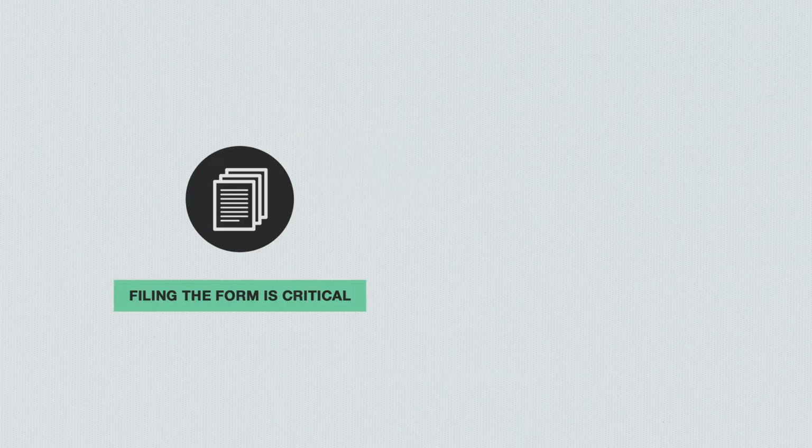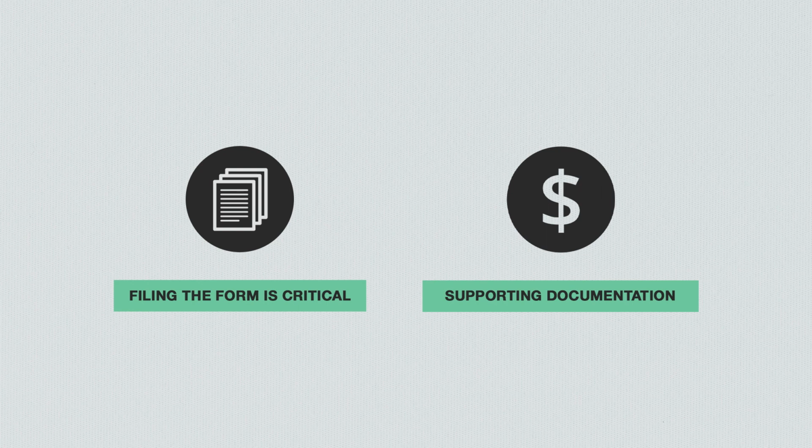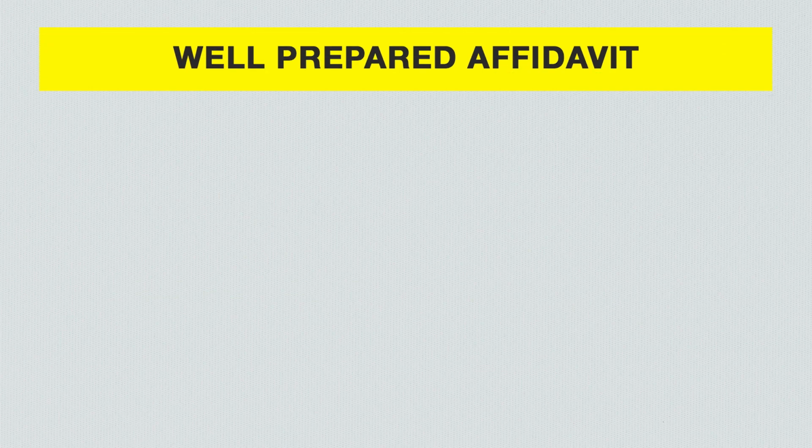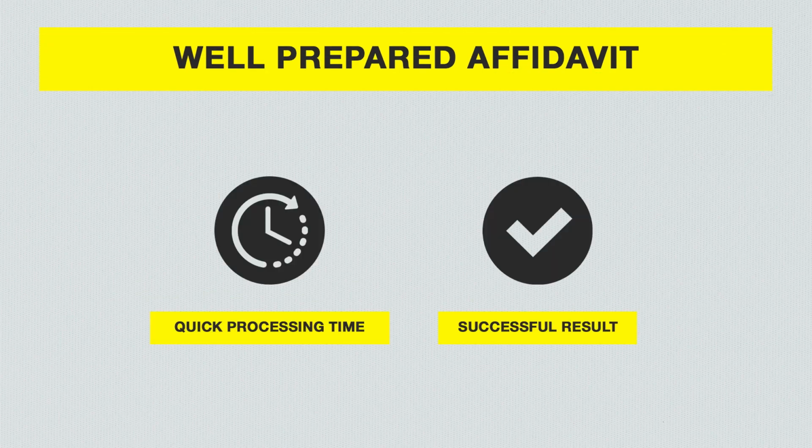Filing the form is critical, but it's equally important to submit supporting documentation which proves the income is from a qualified sponsor. In other words, the sponsor must submit evidence that proves the income is real and sufficient. A well-prepared affidavit is the best way to ensure a quick processing time and successful result for your relative.